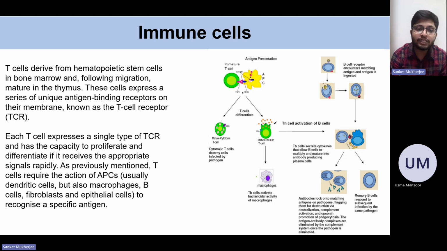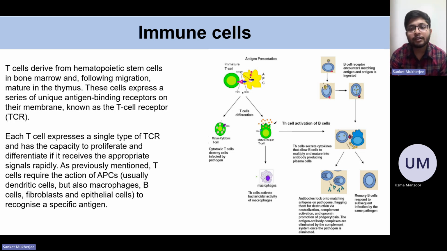These cells express a series of unique antigen binding receptors on their membrane known as the T cell receptors. Each T cell expresses a single type of T cell receptor and has a capacity to proliferate and differentiate rapidly if it receives the appropriate signals. As previously mentioned, T cells require the action of antigen presenting cells.